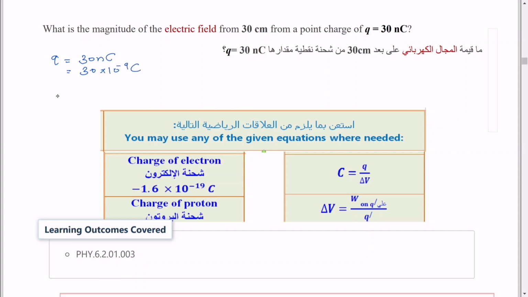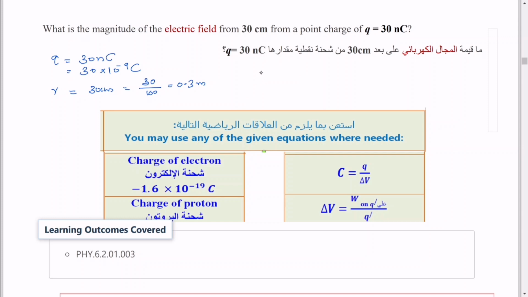So this is how we write nanocoulomb. And the distance from the charge R is equal to 30 centimeter. Centimeter is not the SI unit of distance. We need to convert centimeter to meter by dividing by 100. So 30 divided by 100 is equal to 0.3 meters.